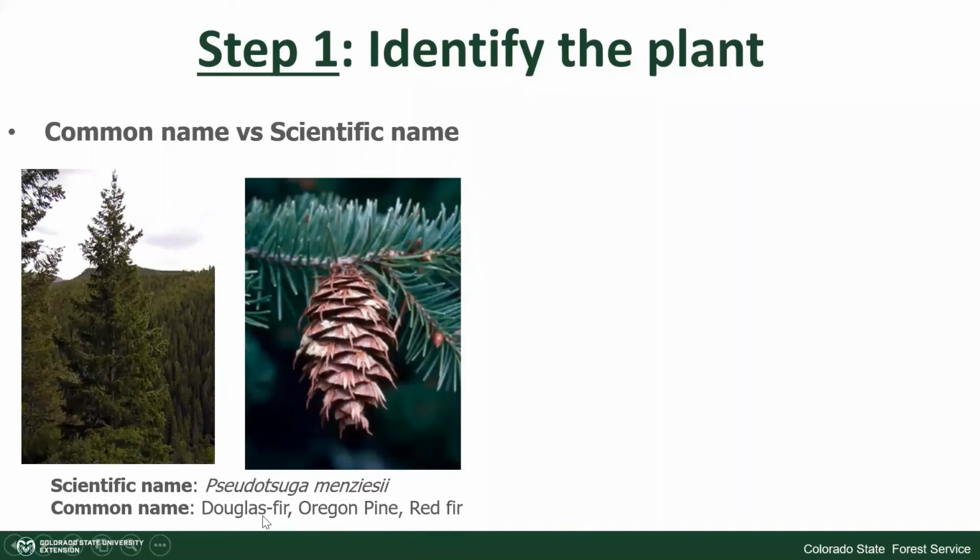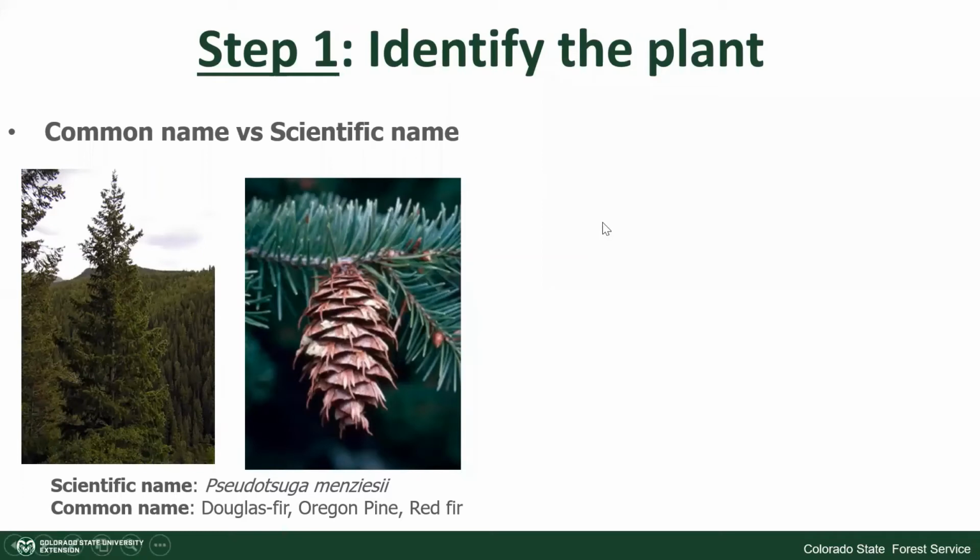They are already three different names, but they are referring to the same tree, which is Pseudotsuga menziesii. This is the picture of the tree. So if you see this tree and somebody tells you, oh, I have a Douglas fir, and somebody else tells you I have an Oregon pine, you might think they are talking about different plants, but it's the same plant. So you can have a baseline, as I mentioned before, of what you're working with.